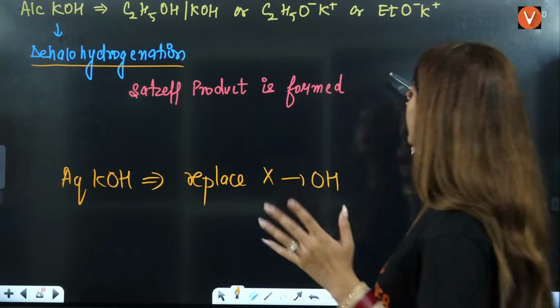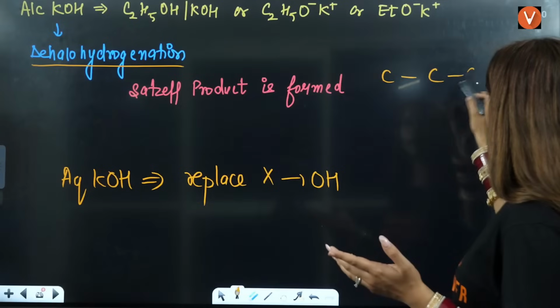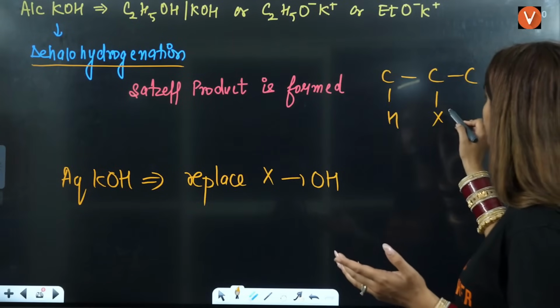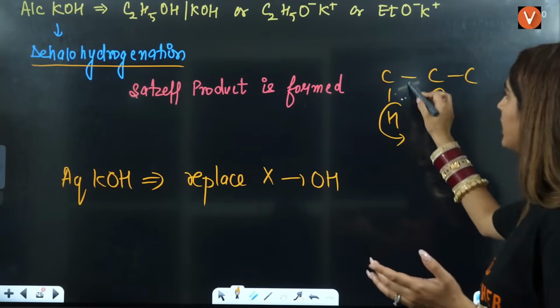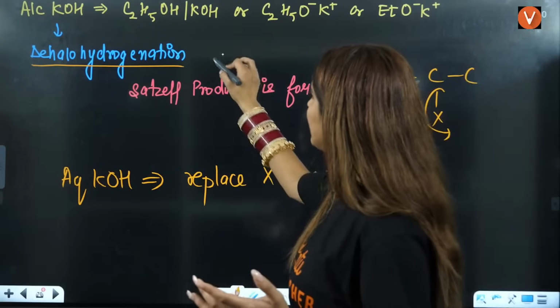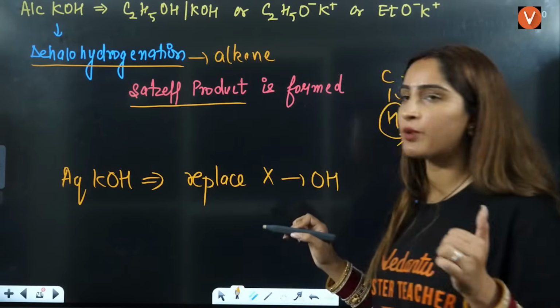That means if you have, let's say, any compound with carbons 1, 2, 3, you have halogen here, you have hydrogen here. So halogen and hydrogen will be eliminated. You will have the formation of alkene, which will be the Zaitsev product.